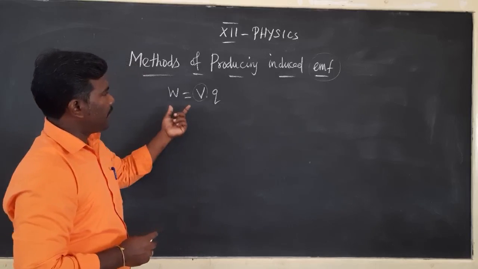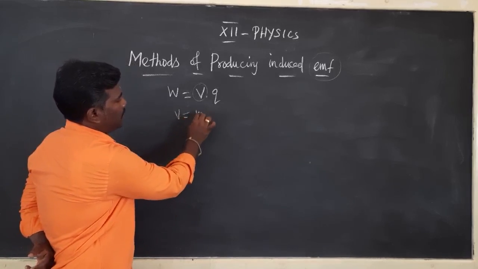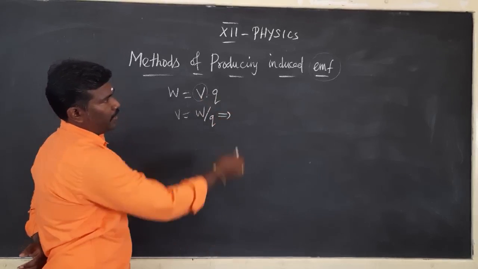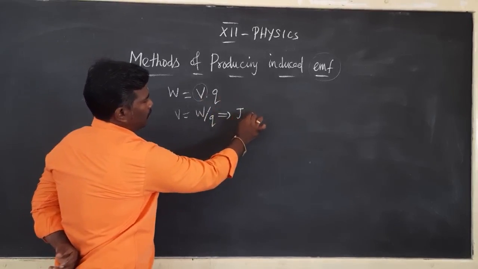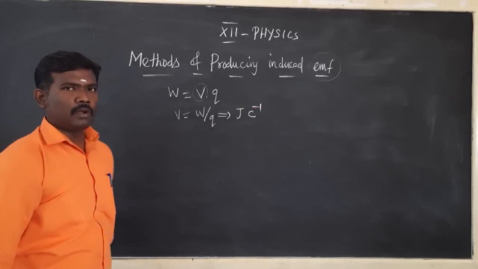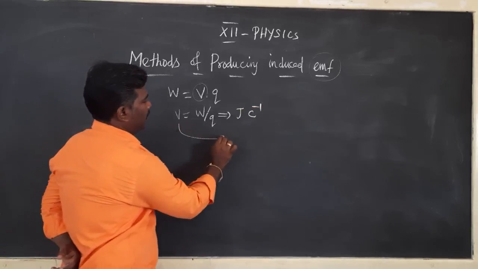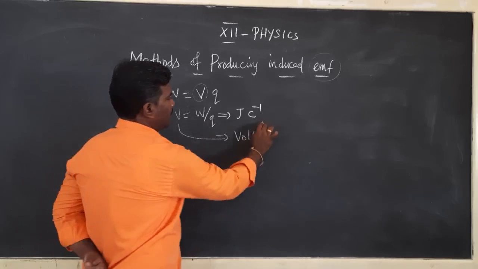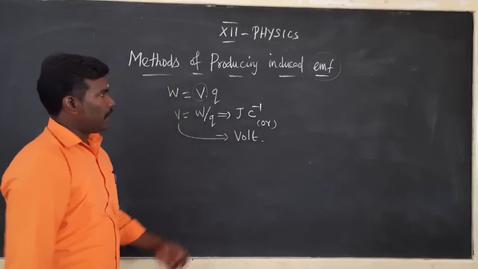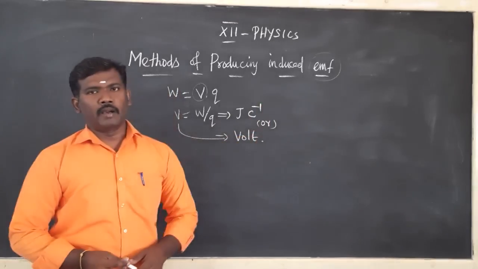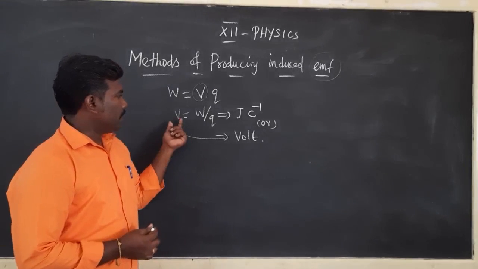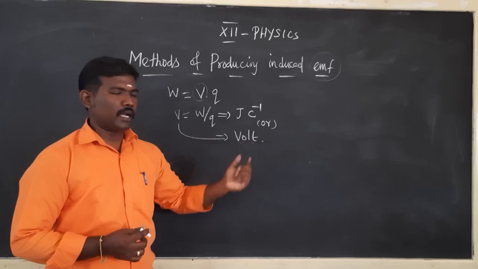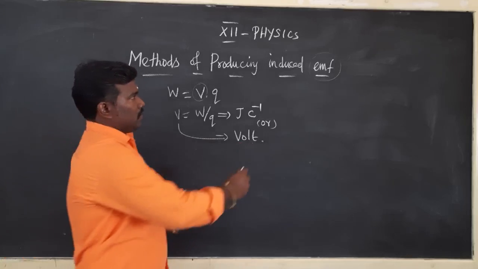Using this relation, we rearrange the formula: V is equal to W divided by Q. So with the help of this formula, we can write the unit for EMF as Joule Coulomb power minus 1, or simply the unit for EMF is volt. Here I write only the two equivalent units for EMF.